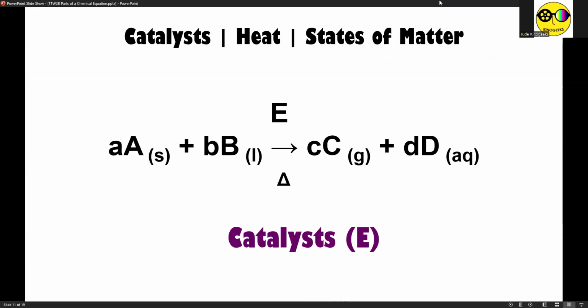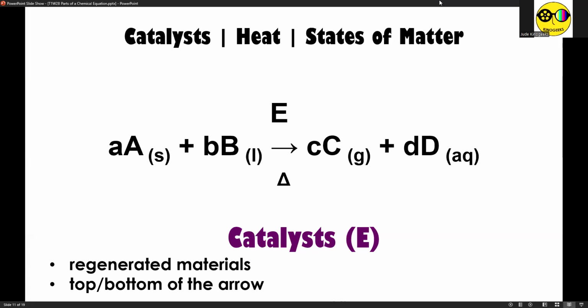If A and B take too slow to materialize or to react, we need the presence of letter E because they're regenerated materials speeding up the reaction. We will be tackling catalysts probably 2 to 3 weeks from now, but as of the moment, these are regenerated materials and you can find them either at the top or bottom of the arrow.